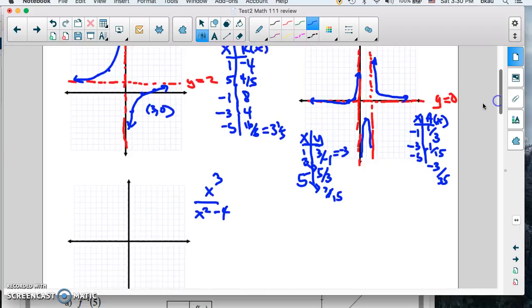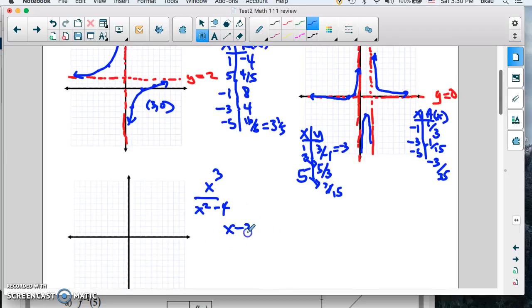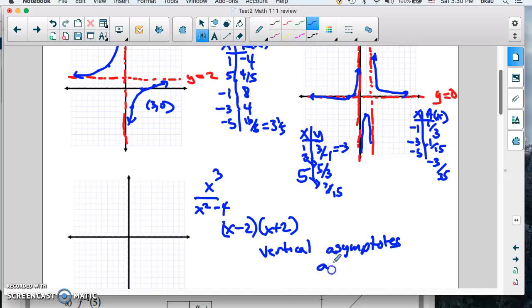We take the denominator and we factor it. So it's got vertical asymptotes at x equals 2 and x equals -2.